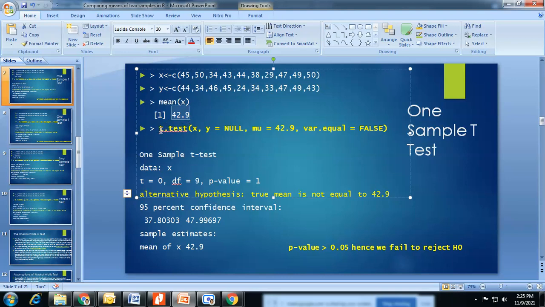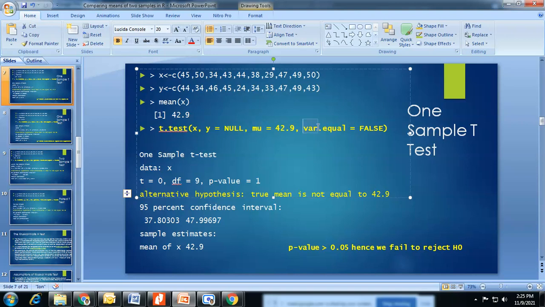Then you write the t-test command. So x, comma, y is equal to null, because let's say we are performing a one sample t-test, so y in this case is null. Then mu: since we have calculated 42.9 as the mean, mu is nothing but the mean or average, which is 42.9.